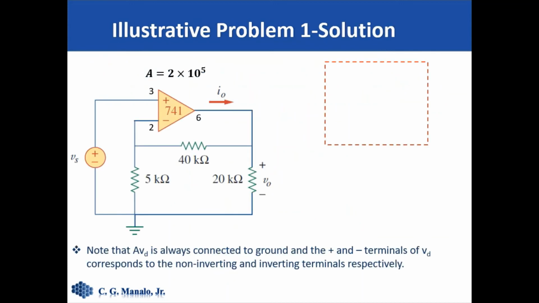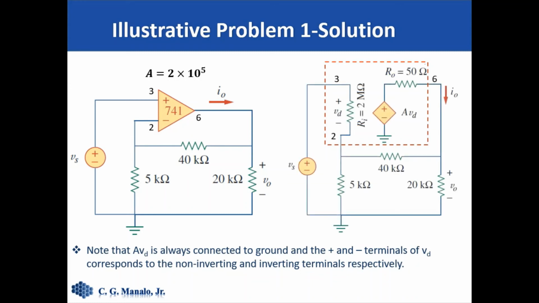So in solving the problem, we use the equivalent circuit of the op-amp. So this is the equivalent circuit as enclosed by the dotted line with the external elements also connected. Now, usually when we solve problems involving op-amps, we extensively use nodal analysis.